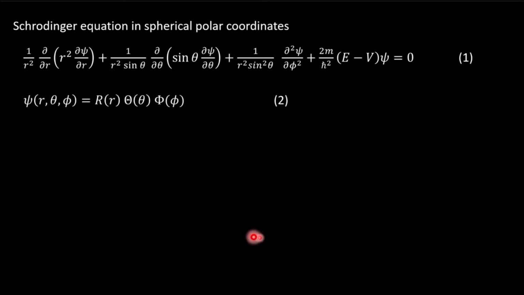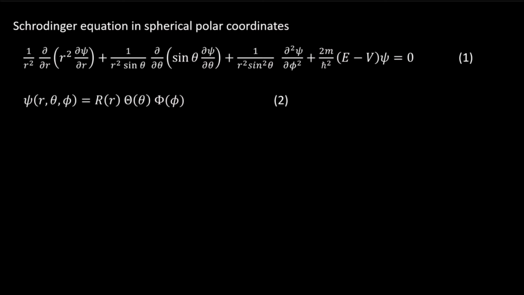Hence, the wave function psi(r, theta, phi) has the form of a product of three different wave functions: capital R, which depends on the radial position alone, capital Theta, which depends on the angle theta alone, and capital Phi, which depends on the angle phi alone.